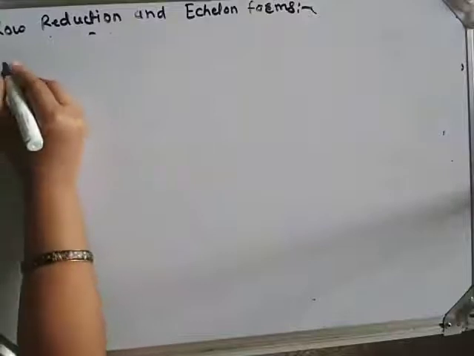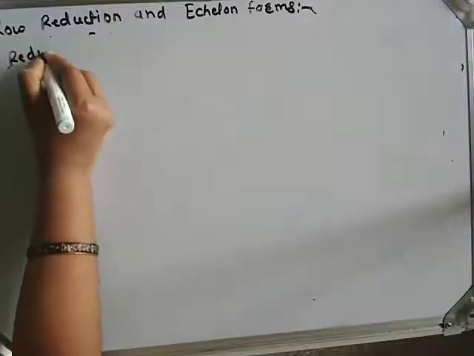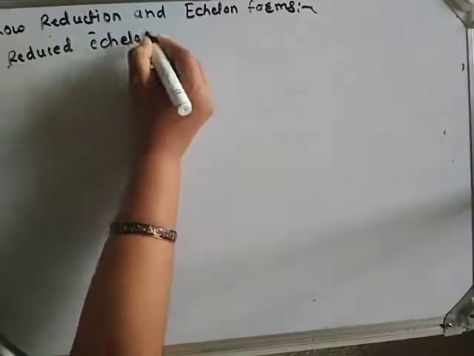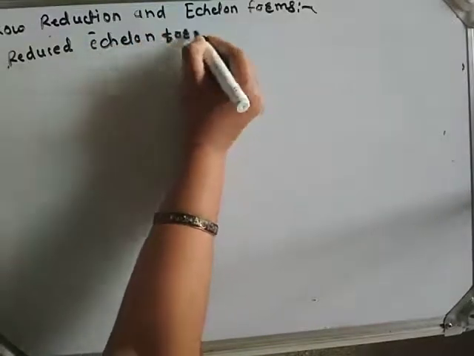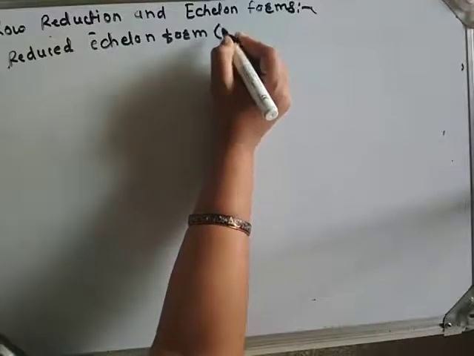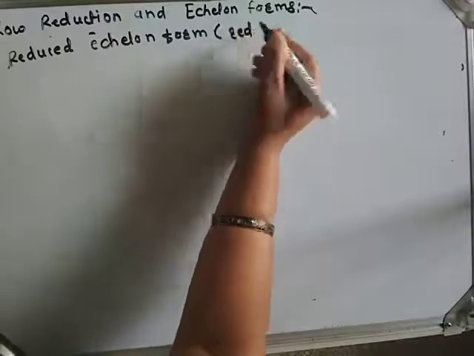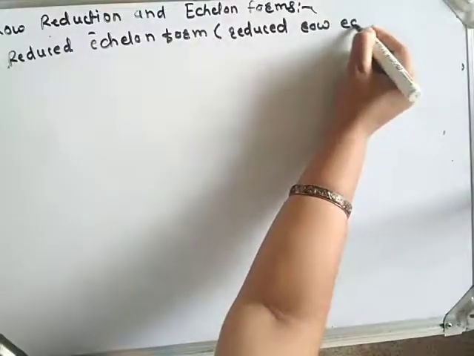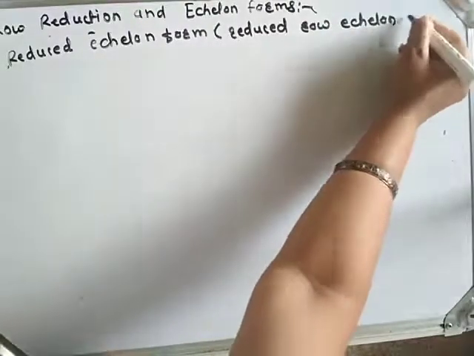Now let us see reduced echelon form, or reduced row echelon form.